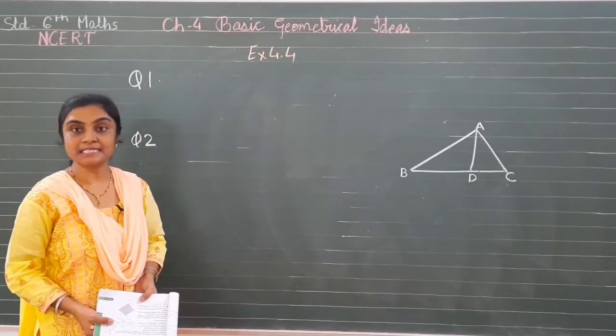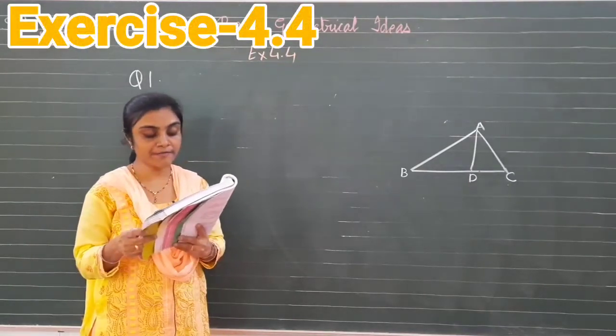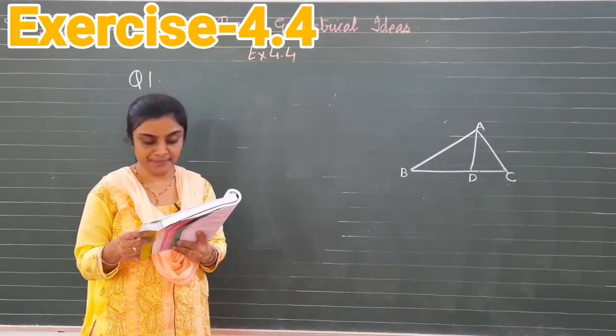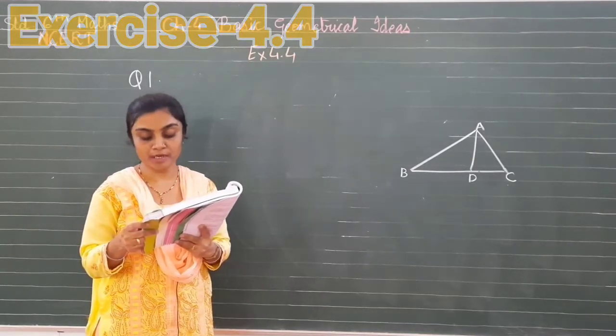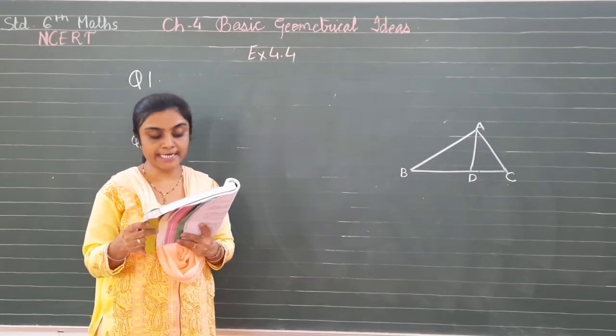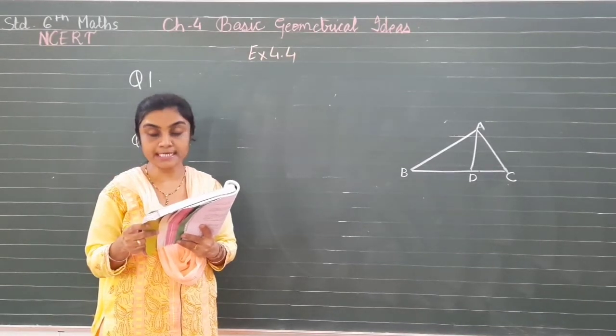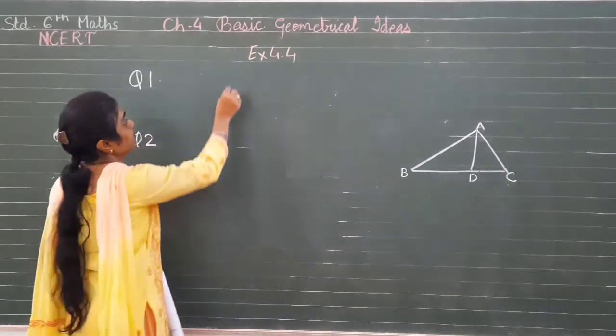Now let us see exercise 4.4. The question I am reading out: Draw a rough sketch of triangle ABC. Mark a point P in its interior and a point Q in its exterior. Is the point A in its exterior or in its interior? So let us draw a triangle ABC.